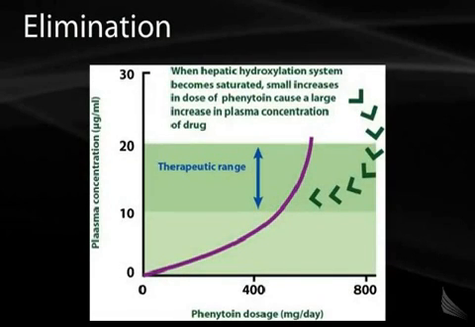Here's another example of how this may work. In zero-order kinetics, the medication is given, it reaches the therapeutic range, but the medication is still administered to the patient, and the medication enters the toxic range very quickly.